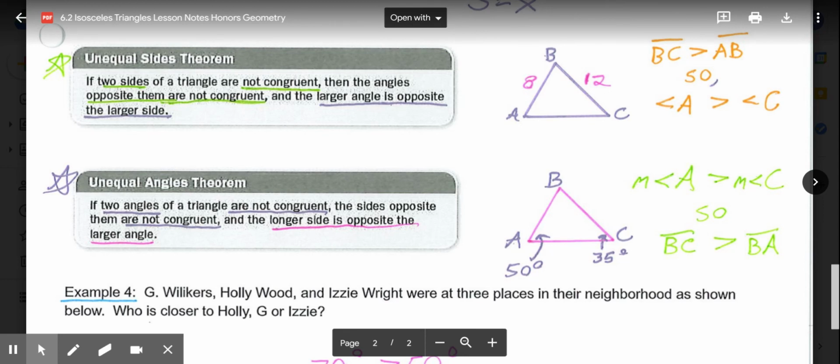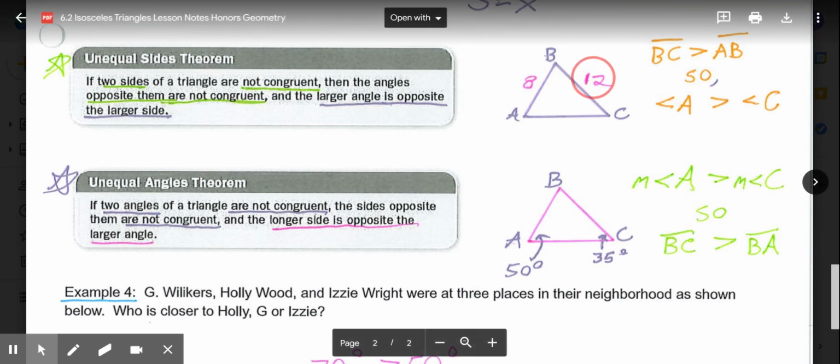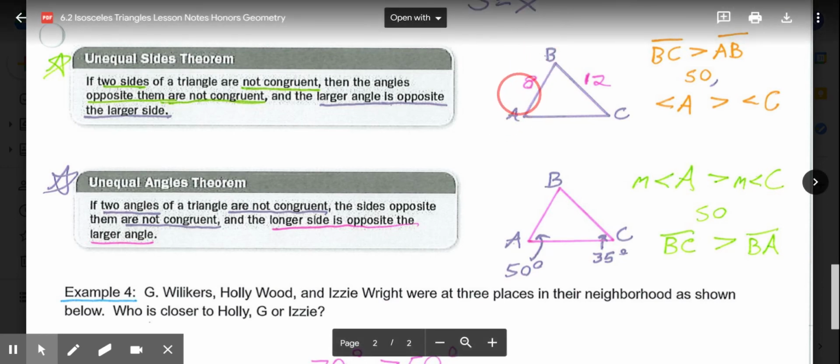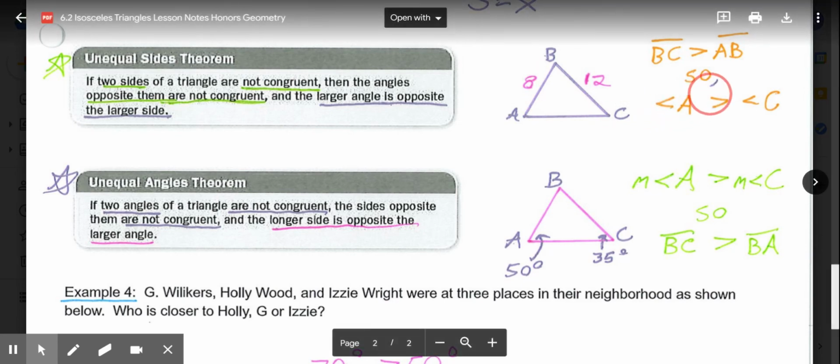So an example here, if we were given side AB being 8 and BC being 12, we know side BC is greater than side AB. So that tells us the angle opposite of side BC, angle A, is greater than the angle opposite side AB, which is angle C. So angle A is greater than angle C, or the measure of angle A is greater than the measure of angle C.